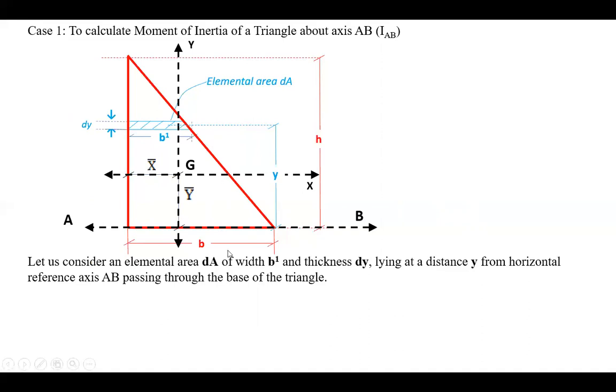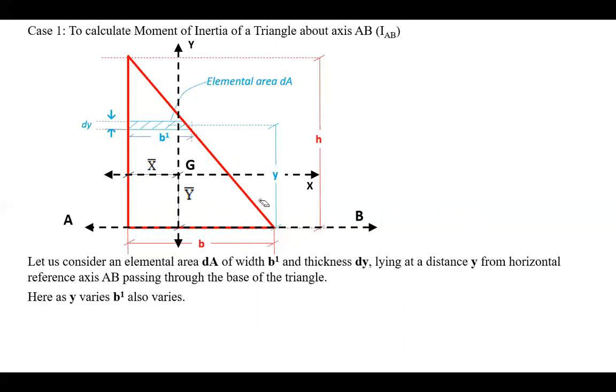So now, first we will calculate the moment of inertia about the base, then convert that to the moment of inertia about the central axis. As I've already told you, as y varies, b dash also varies. If y is less, b dash will be more.